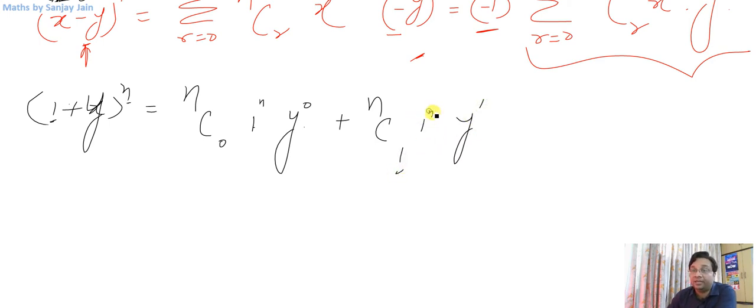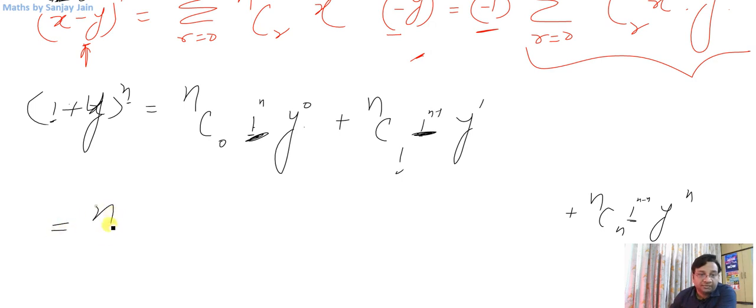So 1 raised to power n minus 1. So if you see, 1 raised to these powers will give me 1 anyway. And even in the last term, nCn y raised to power n, 1 will be raised to n minus n, which is 0, right? So in any case, every term will have 1 here.